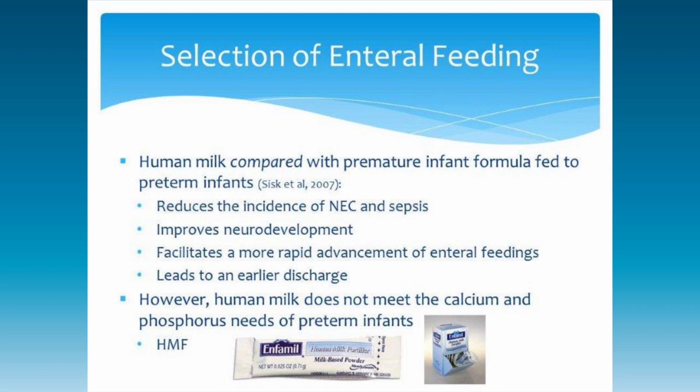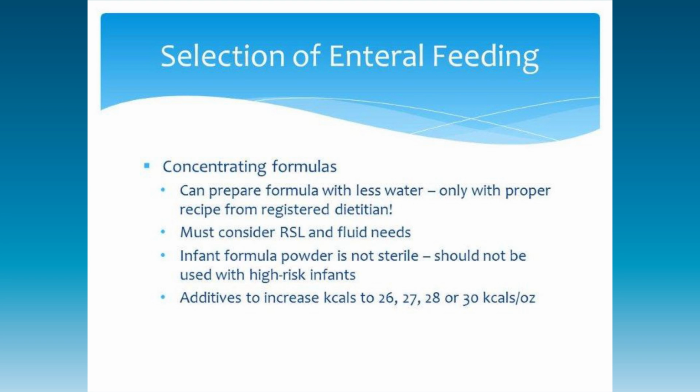But remember, for these premature infants, that human milk needs to have human milk fortifier added to it so they can get that additional calcium and phosphorus. But that would be the ideal feeding if possible, and you can give that through a feeding tube. The mom would just have to pump or express the milk.